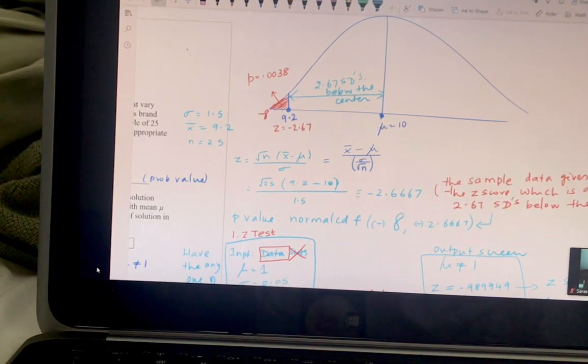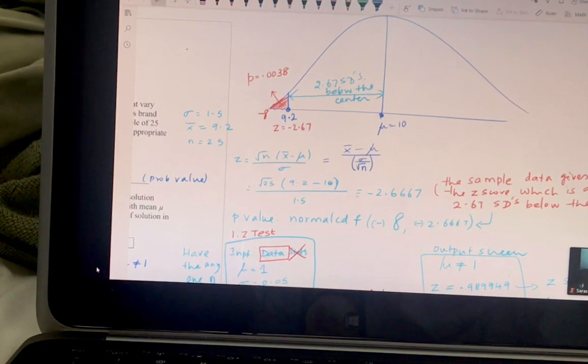I'm not given the alpha, so I'm not going to do the comparison. But even if I am given the alpha value as 1% or 5%, this probability value is certainly less than 1% or 5%. So I am going to be rejecting the null hypothesis.